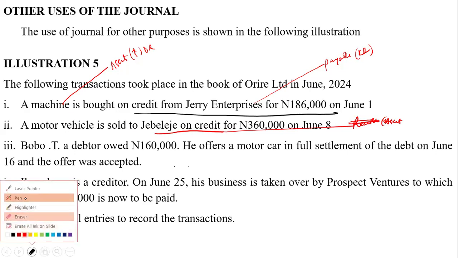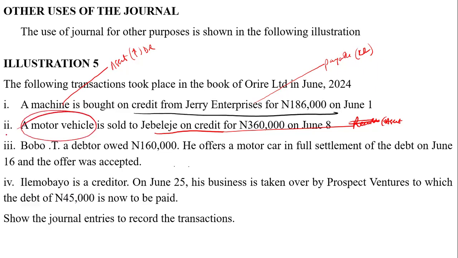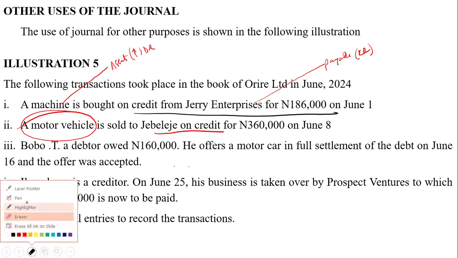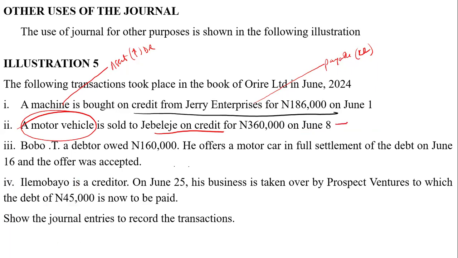When we are selling a vehicle, the vehicle is not going to be the main point of asset. Rather, we are making sales. Any time I see the word vehicle we think asset, but this business is the business of selling. So what you are having is sales.